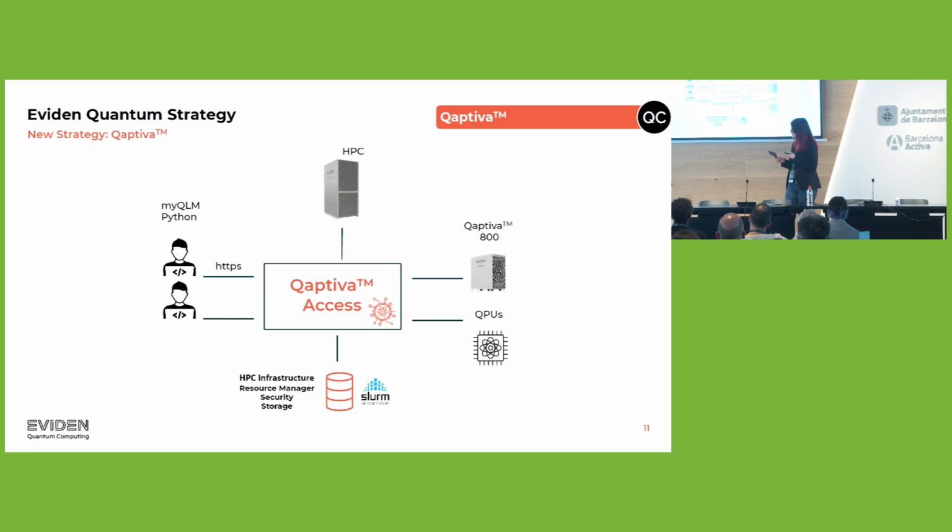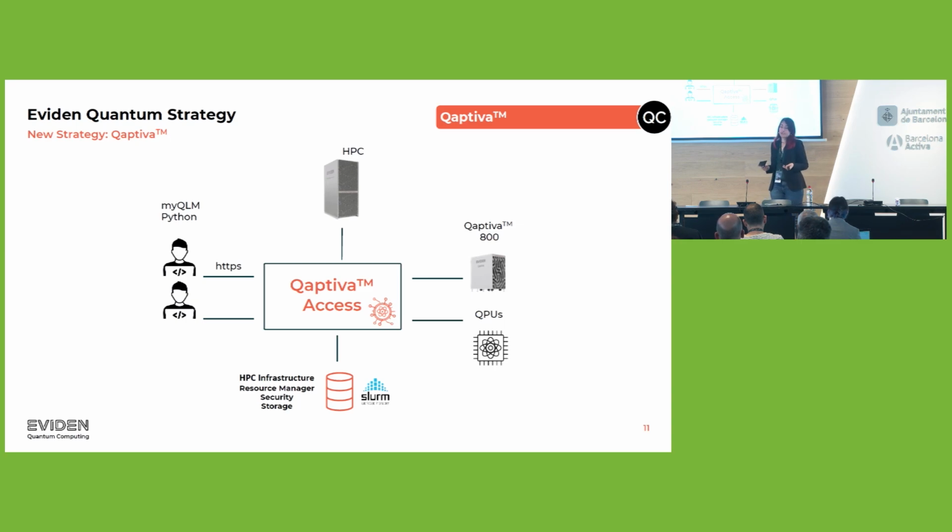This is Qaptiva Access. Qaptiva Access is a solution that enables the integration of HPC systems, Qaptiva series 8800 and myQLM, that is a freeware of Eviden, and QPUs to which we have access.